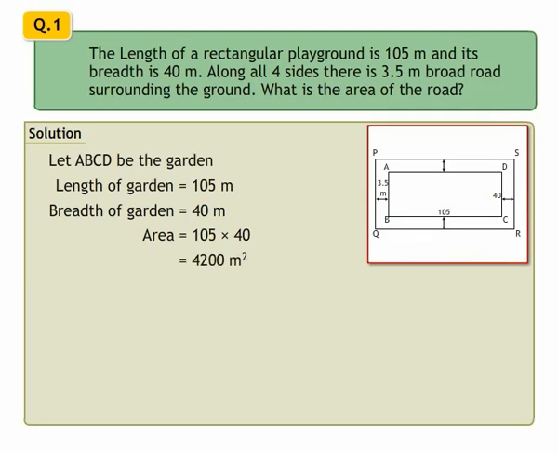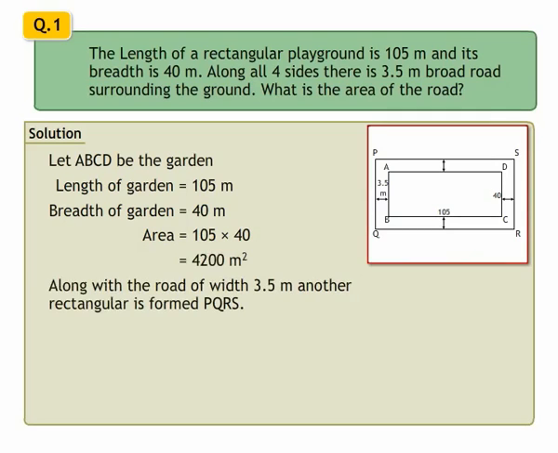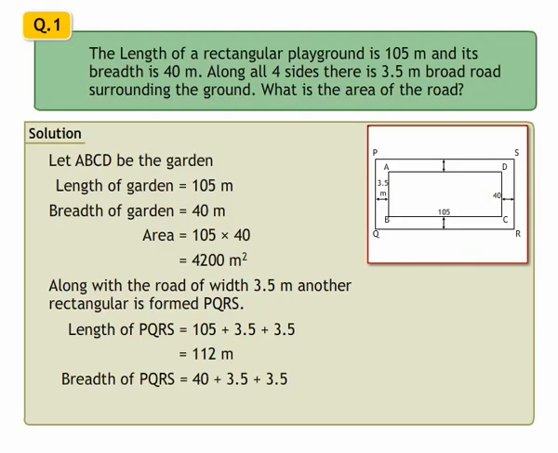Along with road of width 3.5 meter, another rectangle is formed, PQRS. Length of PQRS is 105 plus 3.5 plus 3.5 equal to 112 meters. Breadth of PQRS is 40 plus 3.5 plus 3.5 equal to 47 meters.